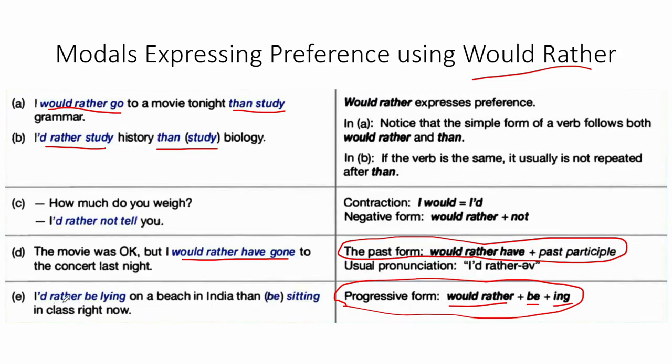So here we have the progressive form, would rather, followed by be, followed by the verb -ing form. And we must not forget that we have to complete the sentence with doing something else. They go together when we want to express a preference using would rather.